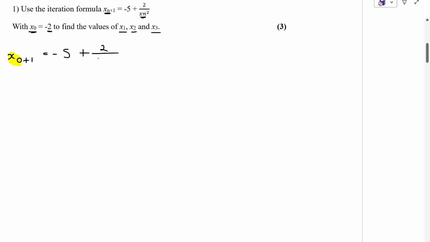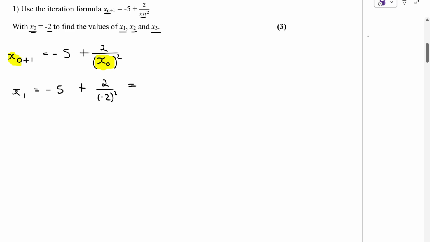Okay, so I'm just going to write it down with this x0 first, and we can sub in the values just so it makes a bit more sense. When you're doing your working out, you don't have to do all of this, just doing it one time to explain it. So this will now be x1 equals minus 5 plus 2 over x0, which is minus 2. They will always give us this value, squared.